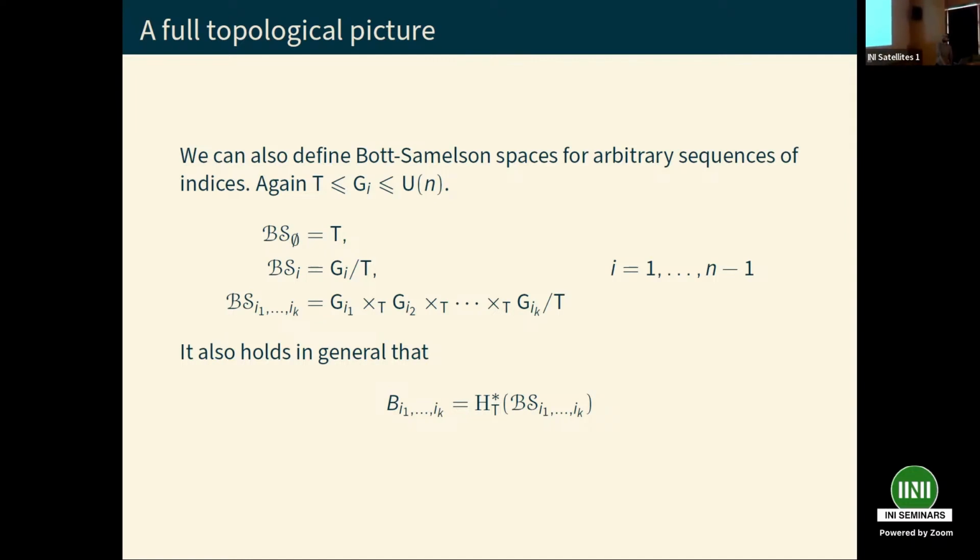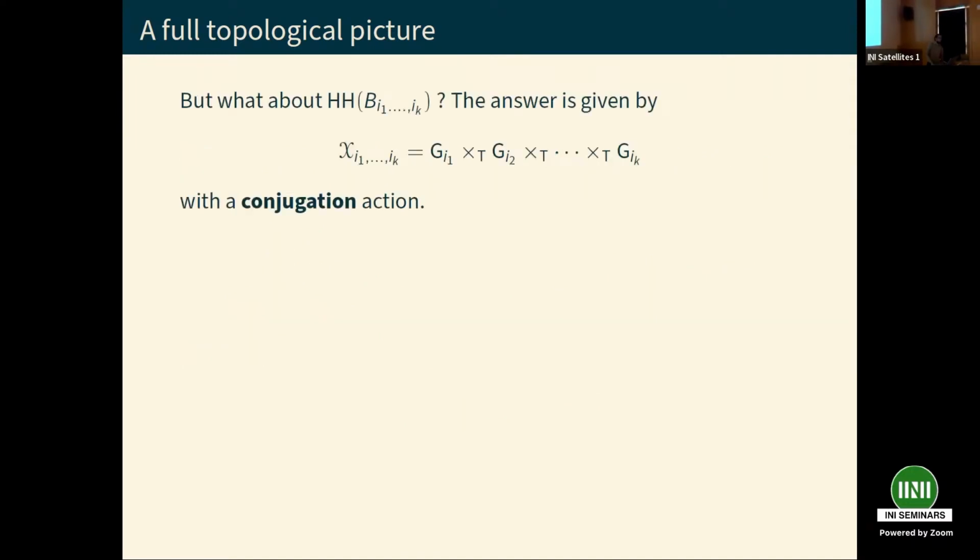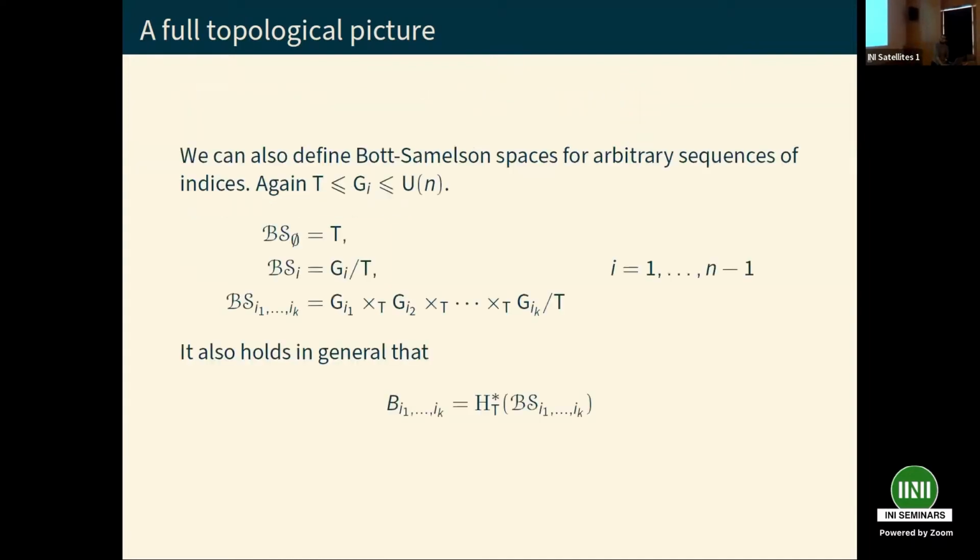But what about the partial homology of Soergel bimodules? How can I see that topologically? The answer is given by a slight variation on these Bott-Samuelson spaces. If you look at this space, it's written almost identically to this BS here.